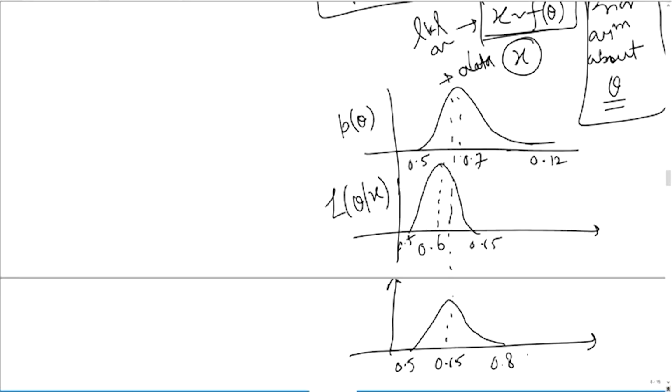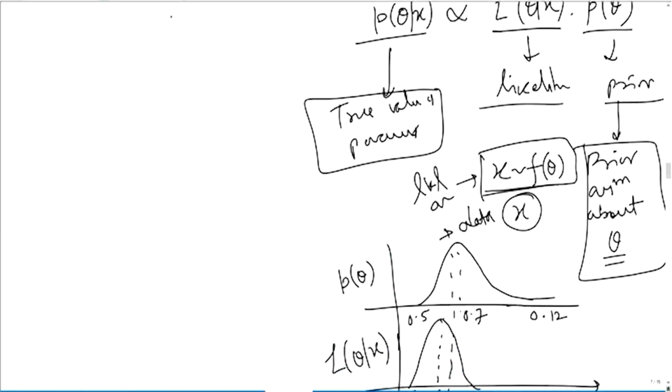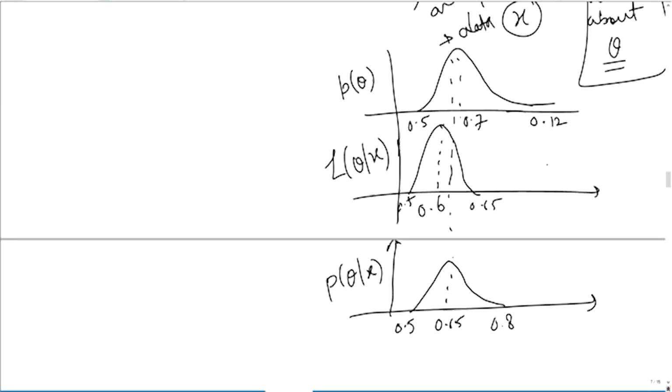So in a way, the posterior is a compromise between the likelihood and the prior. But this is not exactly the average of likelihood and prior, because they are being multiplied. You are not taking the average of likelihood and prior. We are seeing that the posterior is somewhere between them, but it's not just the average.